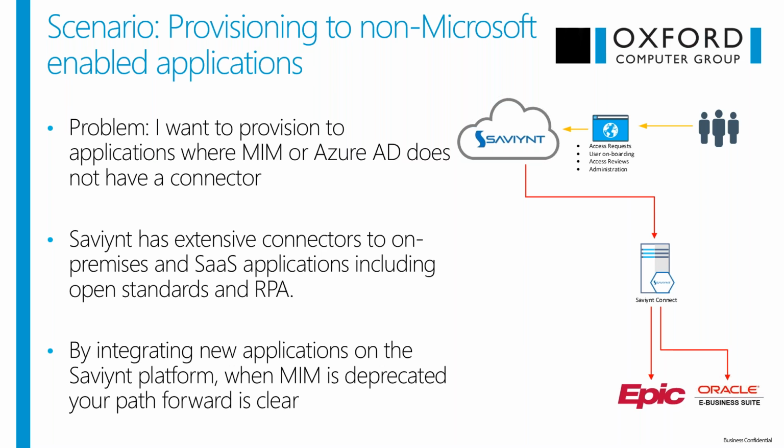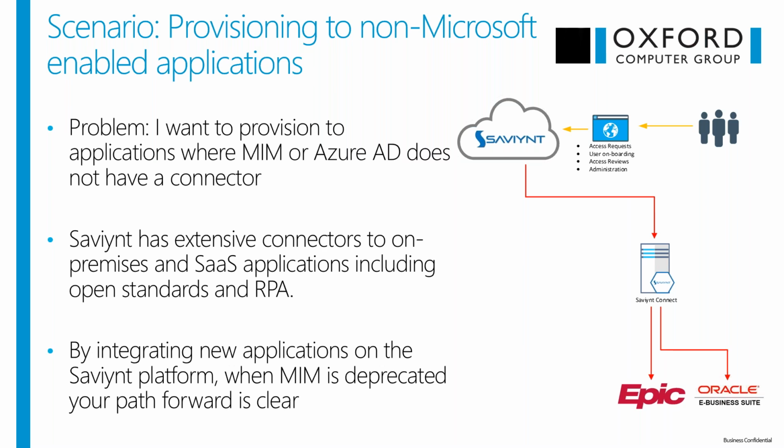Azure AD also has connectors, SCIM connectors is what they're known as, which stands for System for Cross-Domain Identity Management. That list is also short, and they're primarily focused on SaaS-based applications. That list is continuously growing, but Saviynt has an extensive list of connectors that are configured rather than coded.